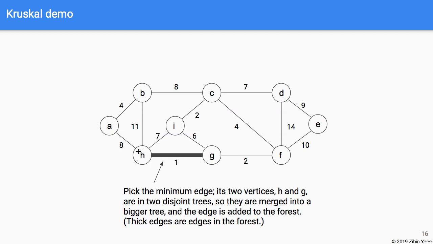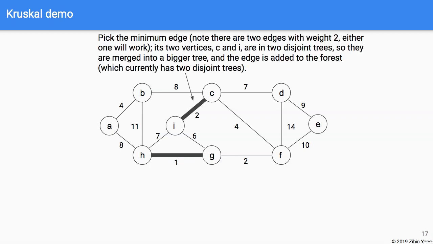Now we look at the vertices of this edge, which are H and G. Remember, at the beginning, each of these vertices is in its own tree. So H and G are each a tree on their own, and these two are obviously disjoint. So they are merged into a bigger tree by this edge, and this edge is added to the forest.